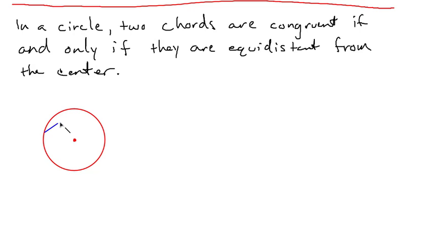So we'll put one here, and we'll put one right there. And now the idea is that if the two chords are equidistant from the center, and we know that when we measure distances, we always measure perpendicular.